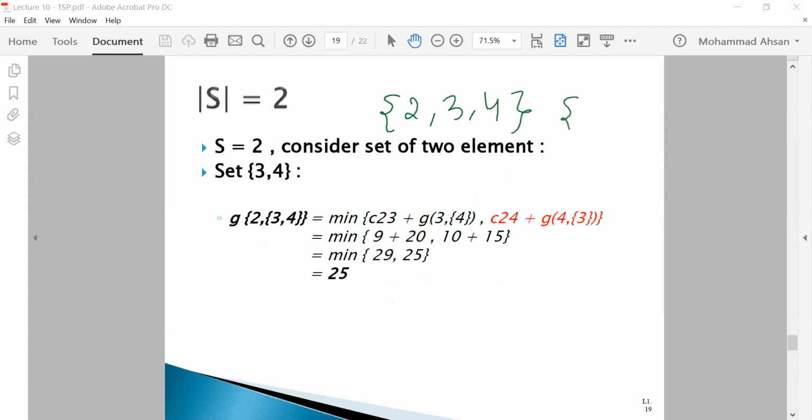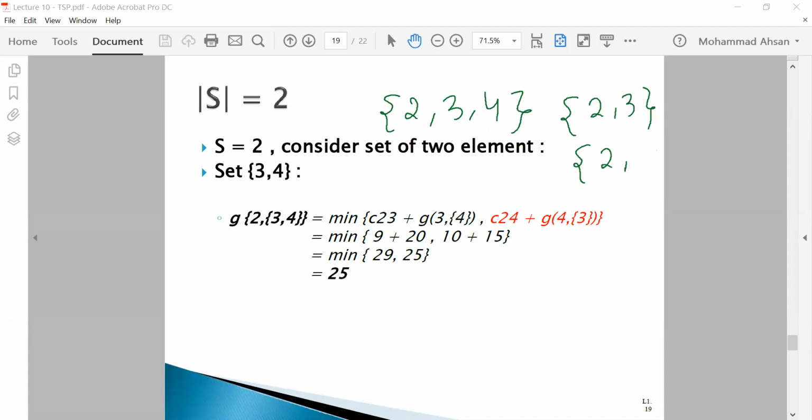The set can be either 2, 3, or it can be 2, 4, or it can be 3, 4. This subset is of size 2. Given the intermediate vertices, what are the different possibilities of finding subsets of size 2? These are all the 3 options. So we will consider each of them one by one.